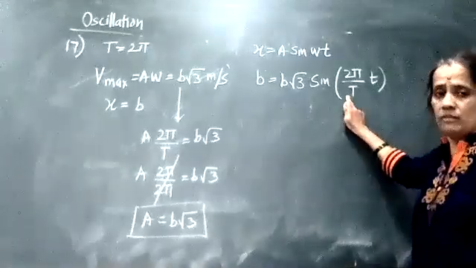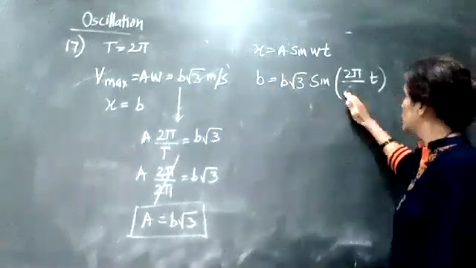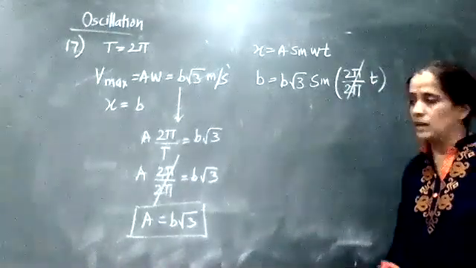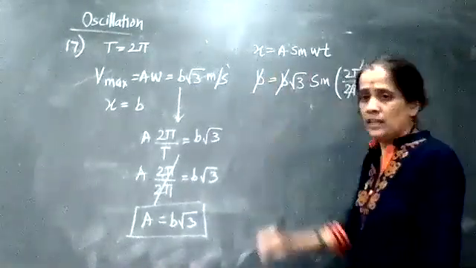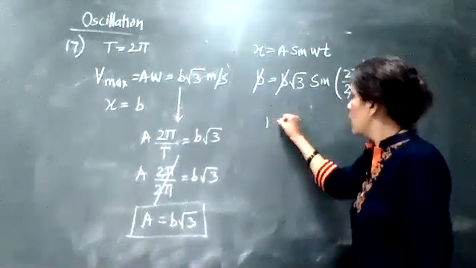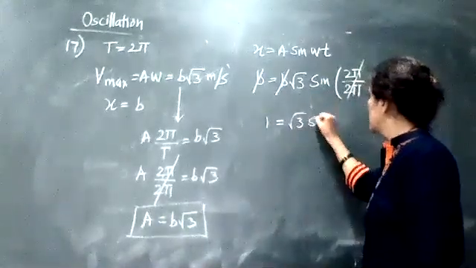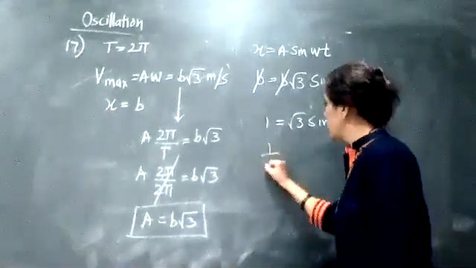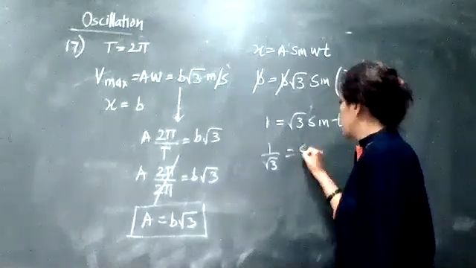But you know the value of T is given as 2 pi. So here I will substitute 2 pi, so 2 pi will get cancelled. b will get cancelled. So what I write? 1 is equal to root 3 sine of t, means 1 upon root 3 is equal to sine t.